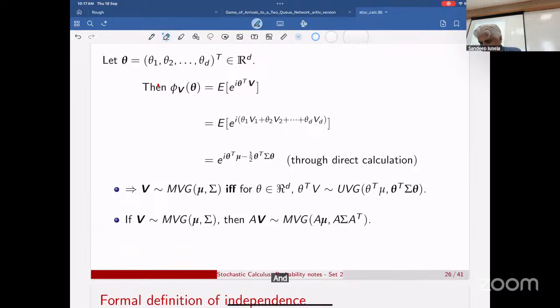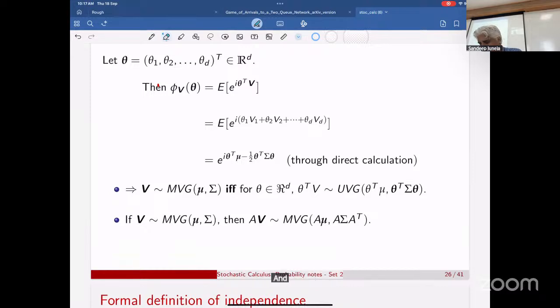Help me with this. V is a multivariate Gaussian random vector with mean mu and variance sigma if and only if for every theta in R^d, theta transpose V is univariate Gaussian. Can you appreciate this? Every linear combination of this multivariate vector is univariate Gaussian.